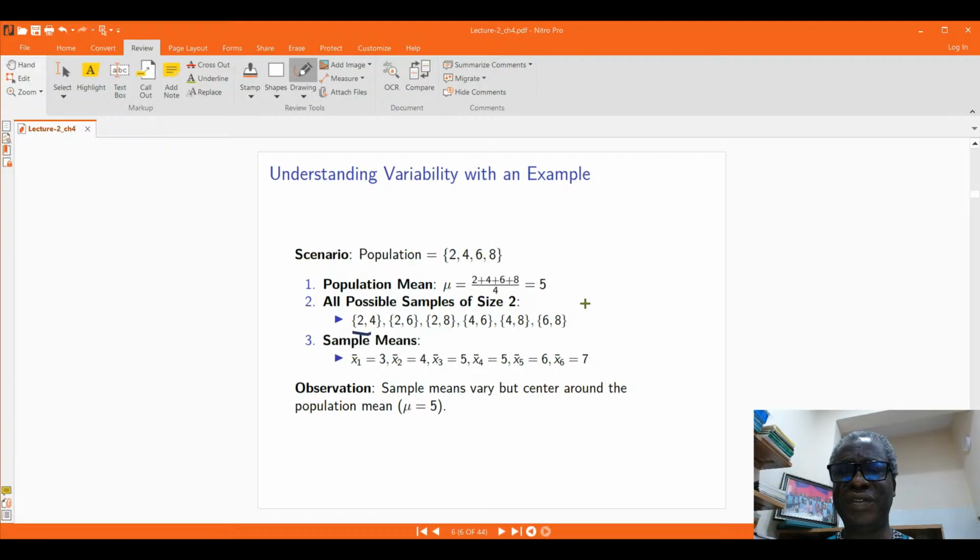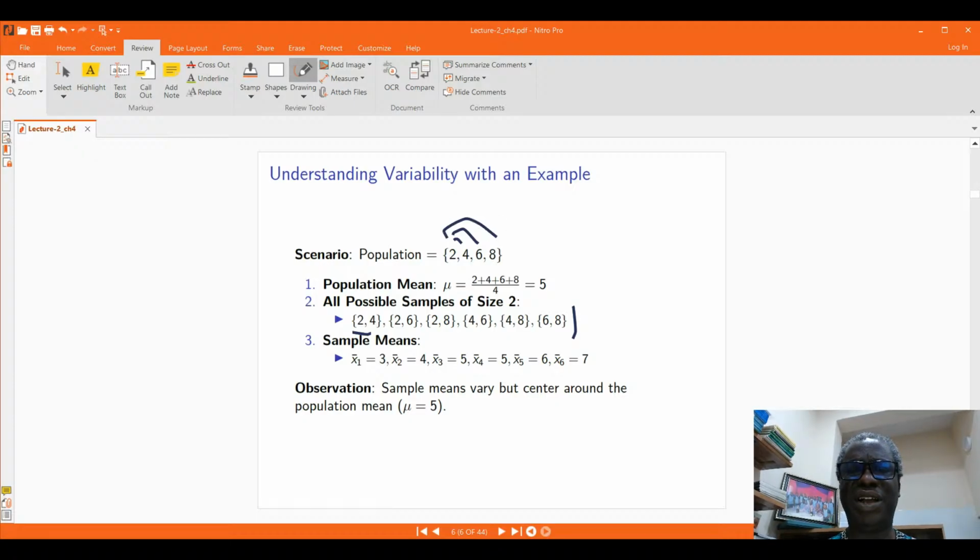If you notice here, these are all possible samples that can be drawn, provided we do not allow for replacement. So you can take 2 4, 2 6, 2 8.